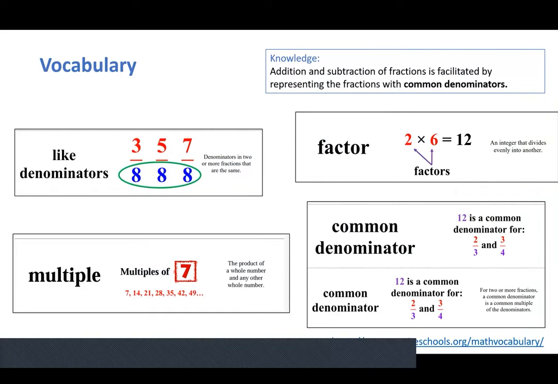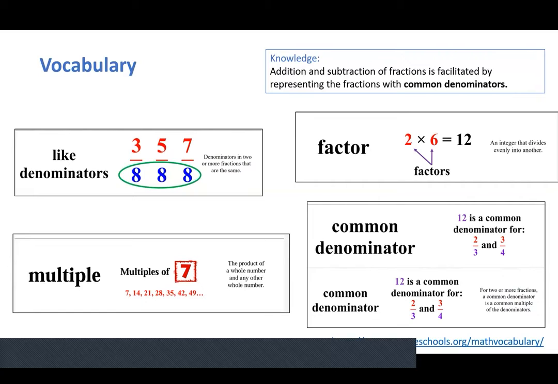So we're looking at a vocabulary: what's a like denominator or the same denominator? This is from the knowledge statement: adding and subtracting is facilitated by representing the fractions with common denominators. So we have like denominators, which they should be able to do. Now we look at factors. The factors will help us find a common denominator, and so will multiples.